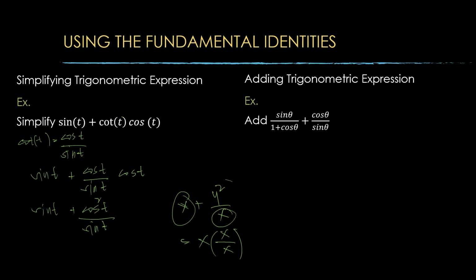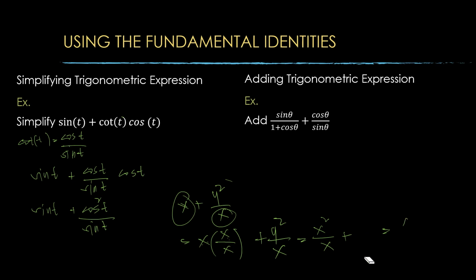X over x is just basically equal to 1, right? Plus y squared over x. This is algebra, I'm just reviewing your algebra. Simplifying, x times x is x squared over x plus y squared over x. Since they have the same denominator, that is x, and x squared plus y squared. That's how you add a whole number and a fraction.